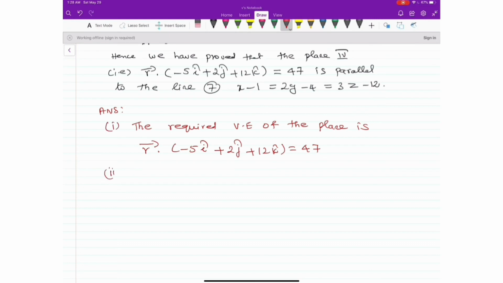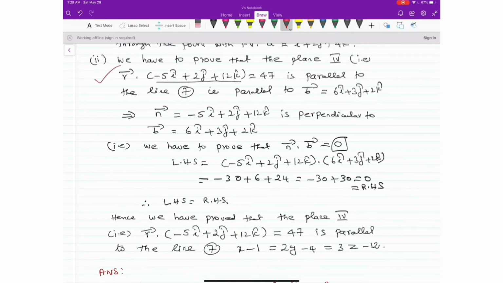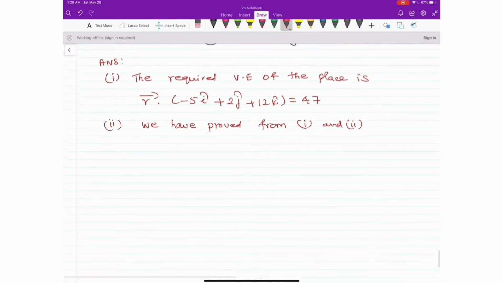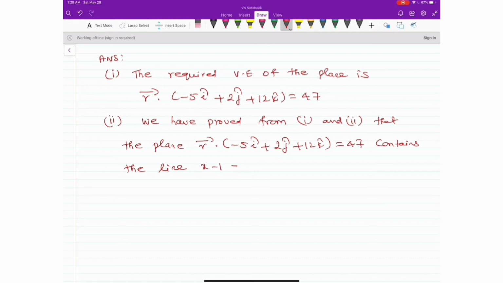Now, the second part: we have proved from 1 and 2, see, this is your first part and this is your second part, that the plane vector r dot (-5 i cap + 2 j cap + 12 k cap) is equal to 47 contains the line x minus 1 is equal to 2y minus 4 is equal to 3z minus 12.